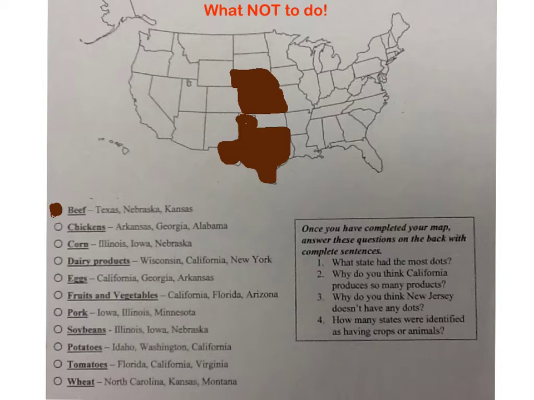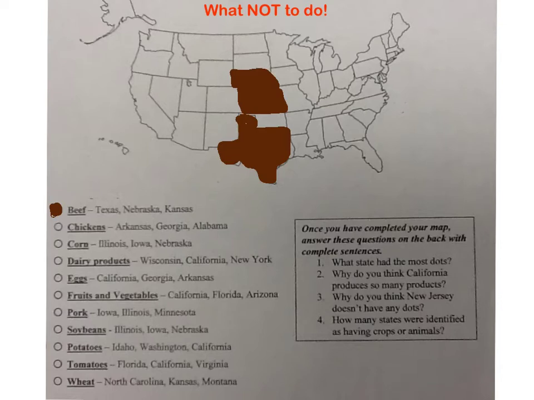This is an example of what not to do. Notice how beef has a brown dot, and the entire states of Texas, Nebraska, and Kansas are shaded in. The directions indicate that you are supposed to put the colored dot on the state.